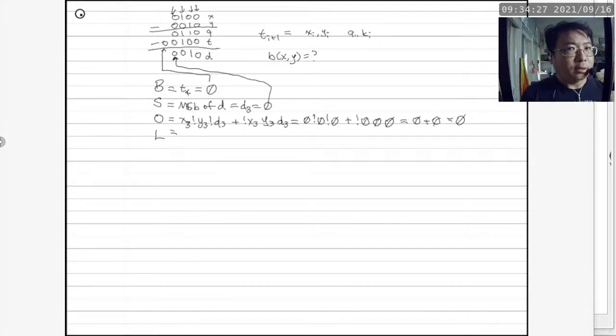That is correct because D needs to have exactly the same width as X and Y. So the only reason why T has one extra bit, which is T4 in this case, is because we need to understand what is the overall borrow after the entire subtraction. That's the reason why T has one extra bit.